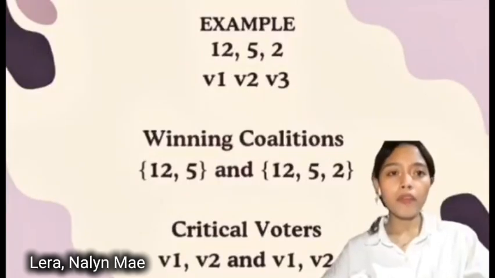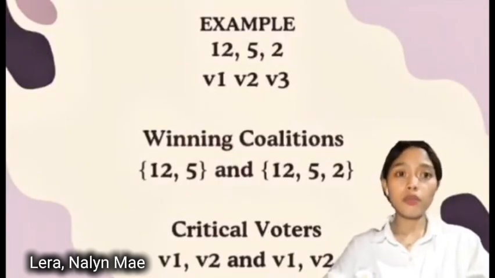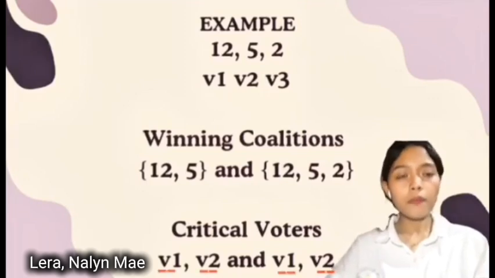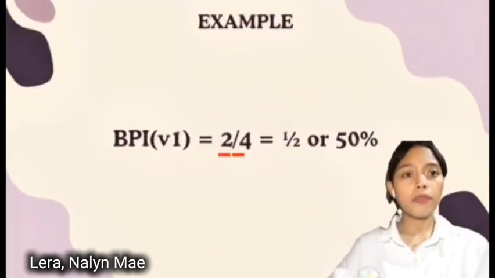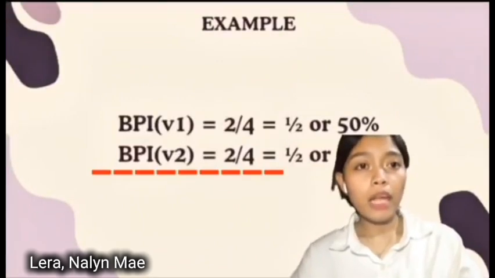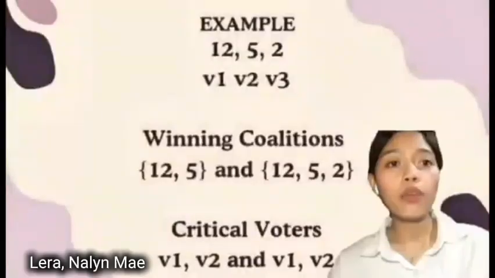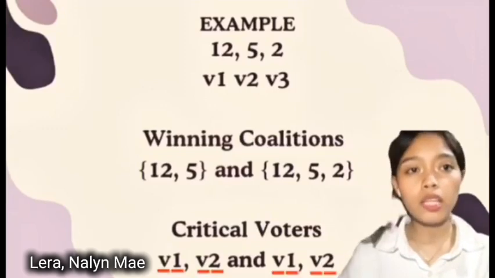How many times is V1 a critical voter? There are 2. Then count all the critical voters. There are 4. So that's why it's 2 over 4, or 1/2. Same with BPI of V2: count all the V2 in critical voters and count all the critical voters.